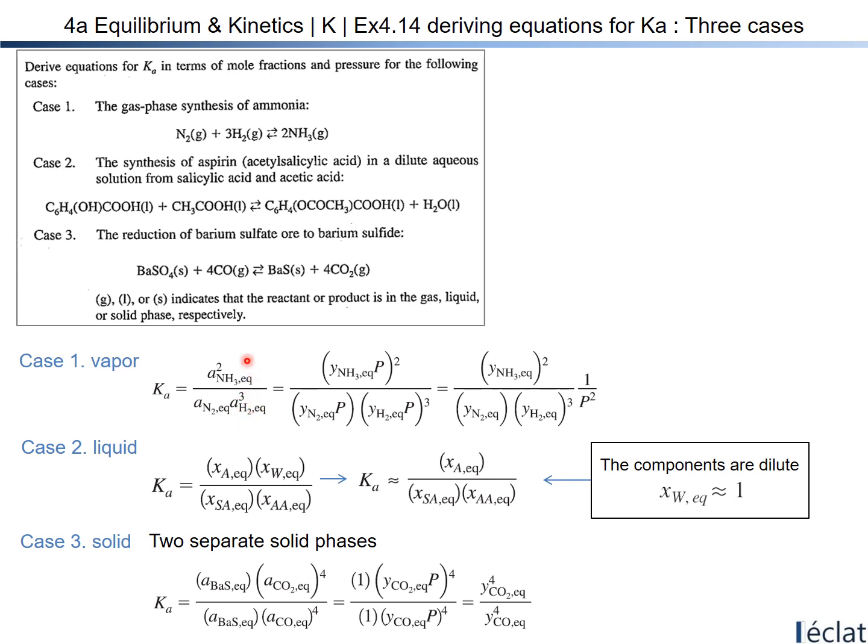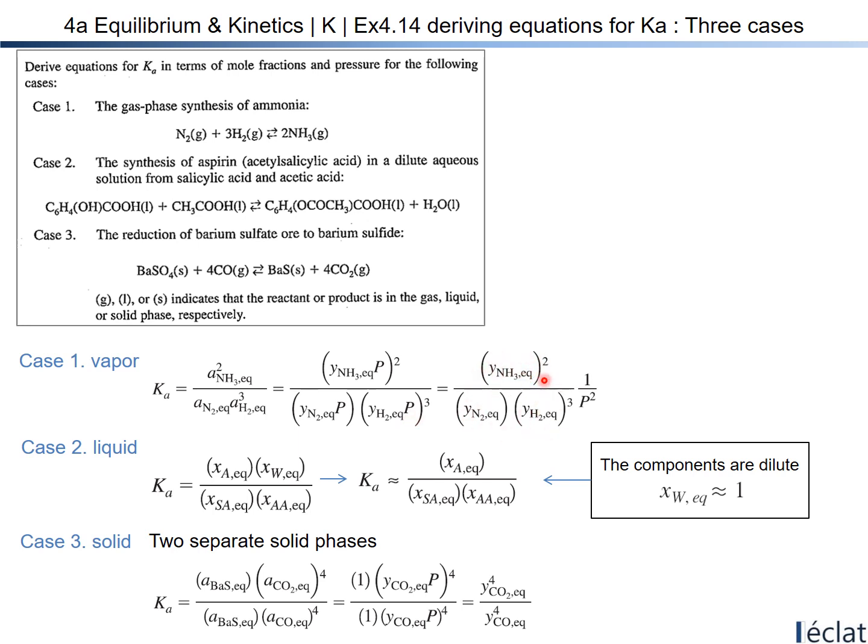Then activity can be approximated by the partial pressure because those three compounds, including nitrogen, hydrogen, and ammonia, are in a vapor phase. So y P, y P, y P. And then let me gather the mole fractions together.